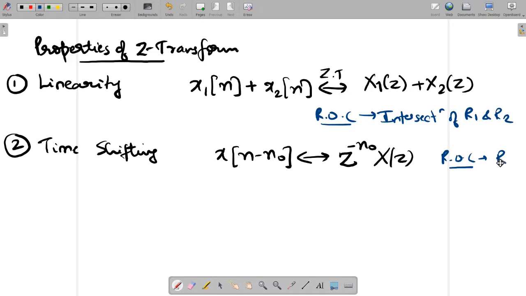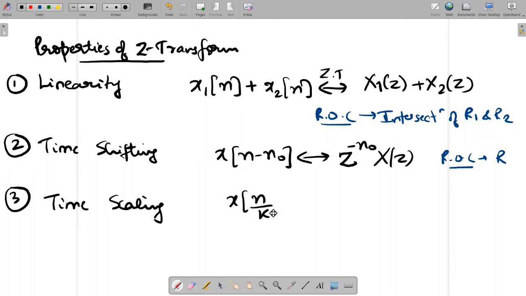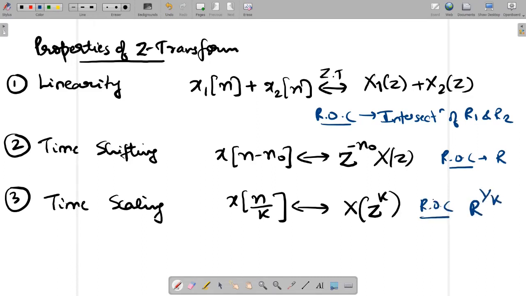R is the old ROC, that is the ROC of x of n. Time scaling is the next property. x of n by k has Z transform x of z raised to k. The ROC for this case is r raised to 1 by k. We will see what this is.